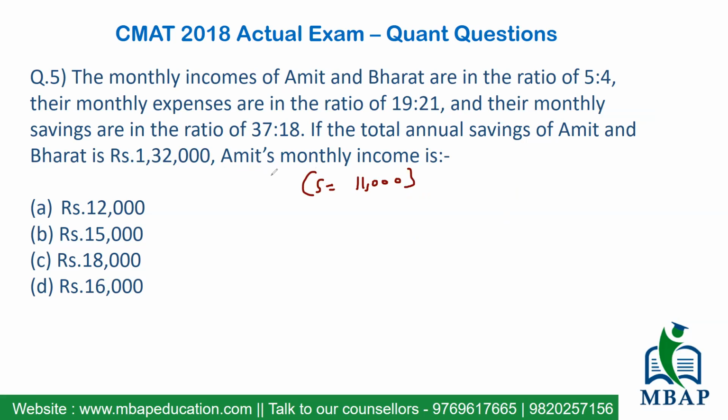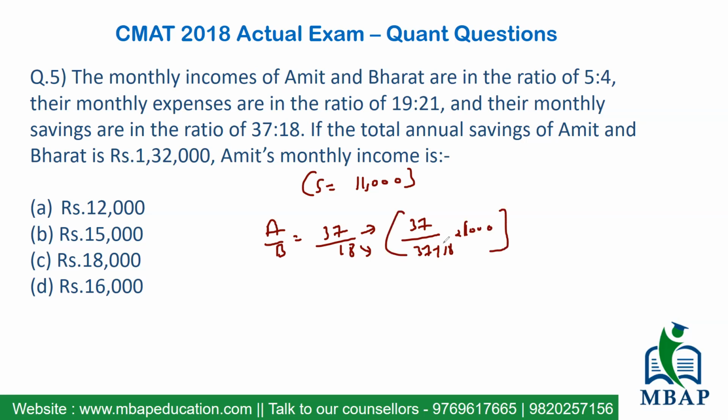Now the monthly saving is divided in the ratio of A to B as 37:18. Now if you try to divide 37:18 of the total value, which is 11,000, what value will come? So it's 37 divided by 37 plus 18, into 11,000.